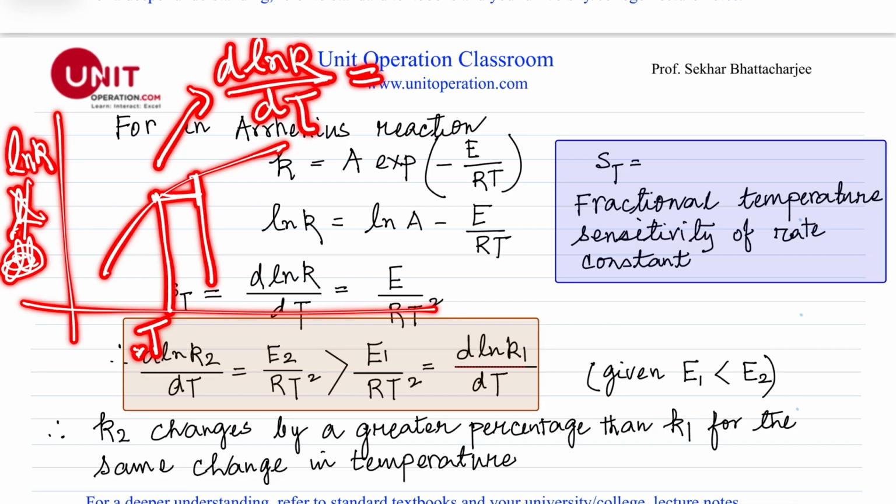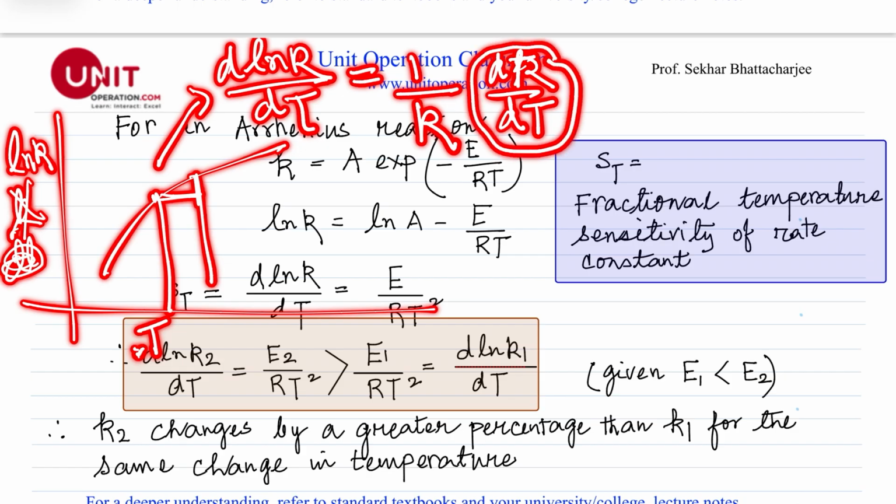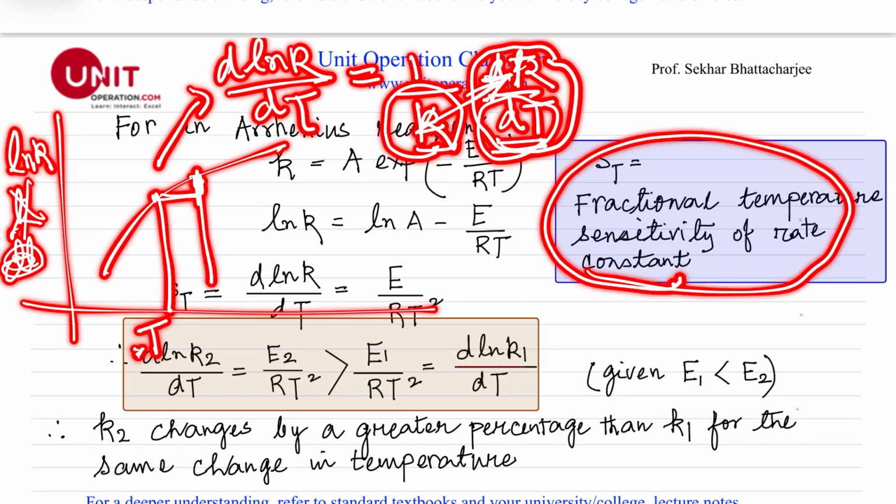So this is basically 1 over k times dk over dt. So how much the rate constant changes per 1 degree Celsius or unit change in temperature, divided by the current value of the rate constant. So this is basically the fractional change in rate constant for unit temperature rise. That's basically the temperature sensitivity.